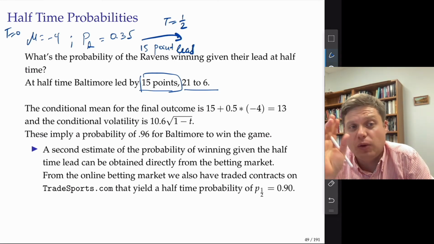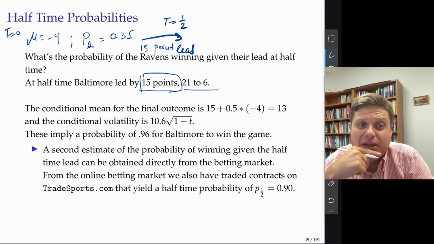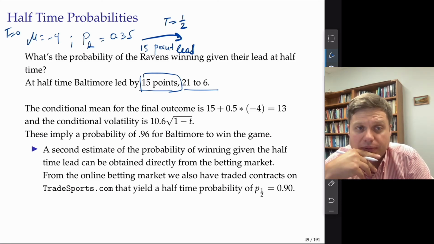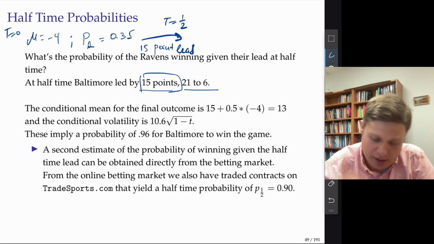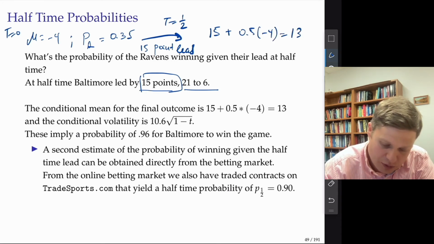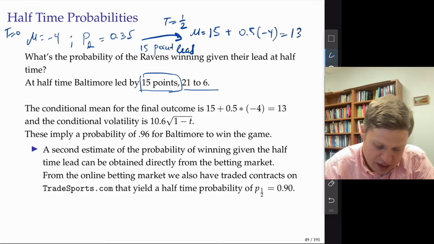We're not going to go through details, but we're using this normal hierarchical model here, and we can update the mean, and the mean is just our new value plus 0.5 times -4, which gives us 13. So that's our new mu for halftime.